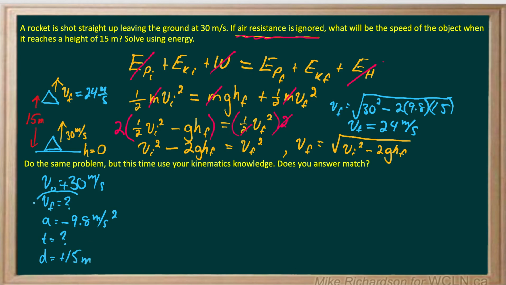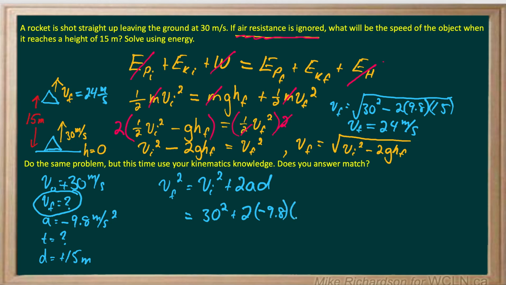So since we're trying to find v final, avoid equations with t in it, and I get v final squared is v initial squared plus 2ad. Now if I put in the numbers, v initial squared is 30 squared, plus 2 times negative 9.8, and my height is 15.